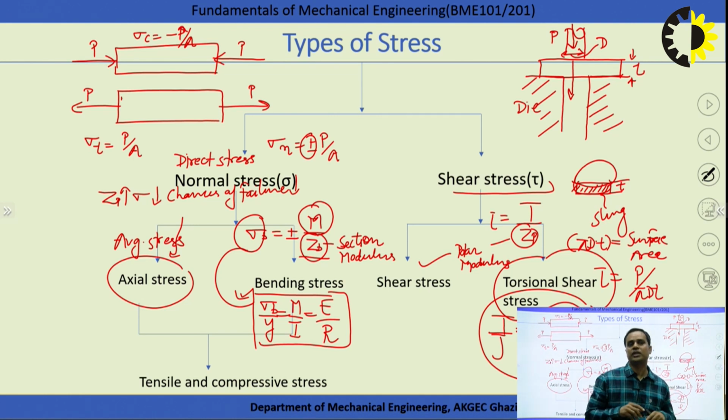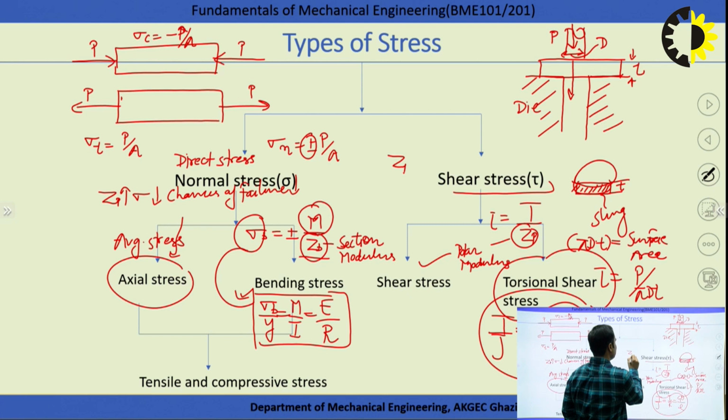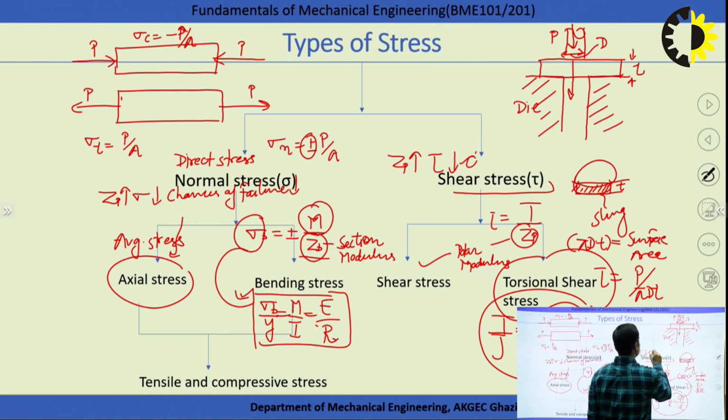The important question is, which shaft is the strongest against twisting? So we have to compare this ZP. The larger the value of ZP, the smaller the value of shear stress. Smaller stress means chances of failure are less.